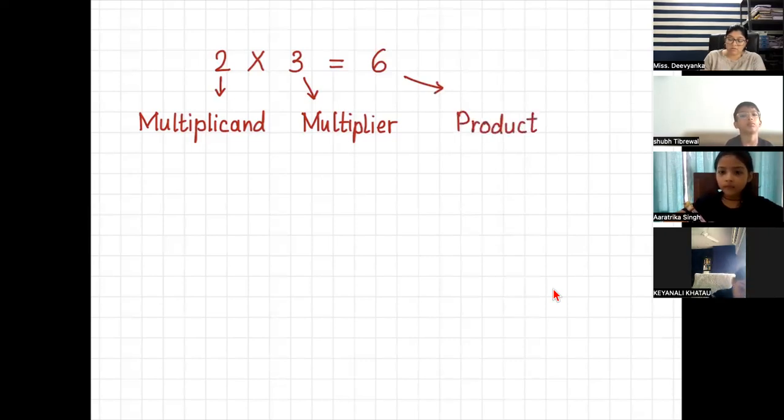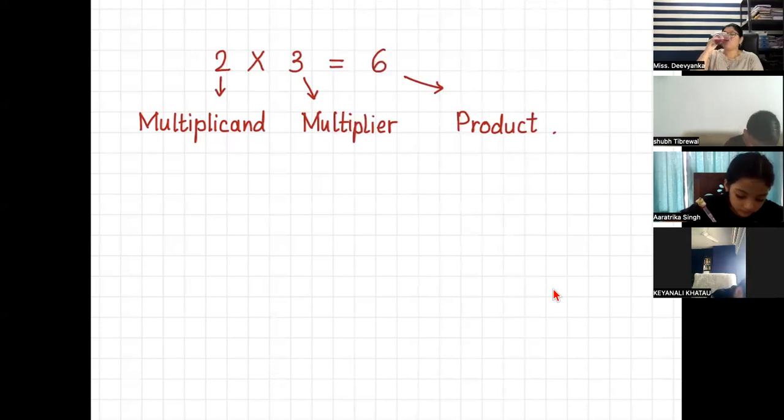This one is the multiplier. And the answer that you get is called the product. So write this down. Copy this exactly as I have written here. Multiplicand, multiplier, and product.